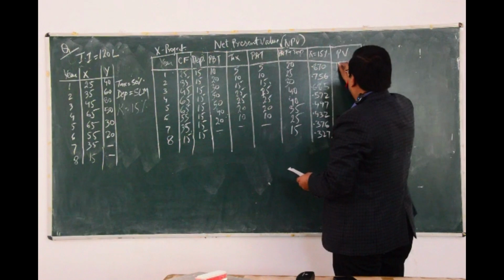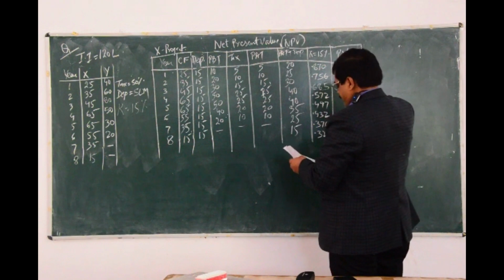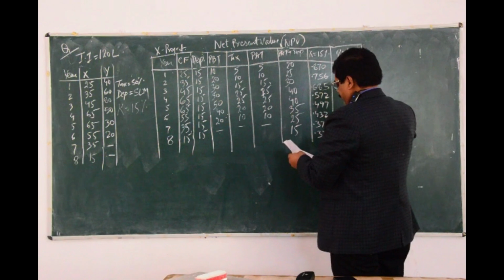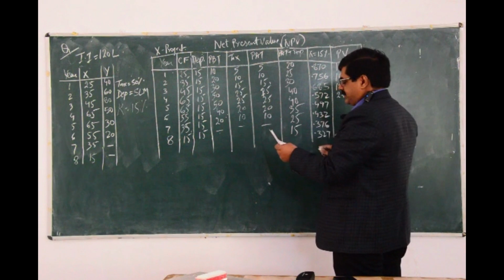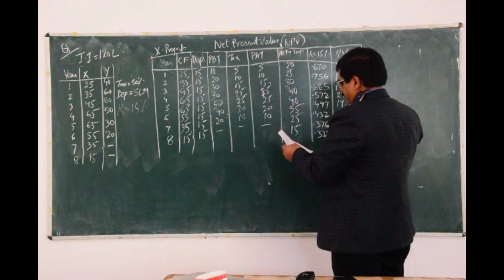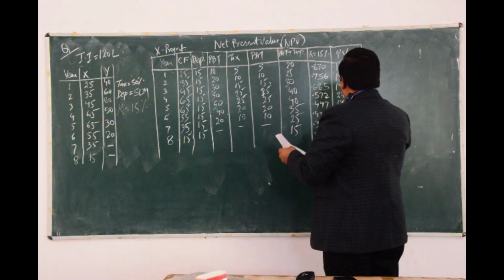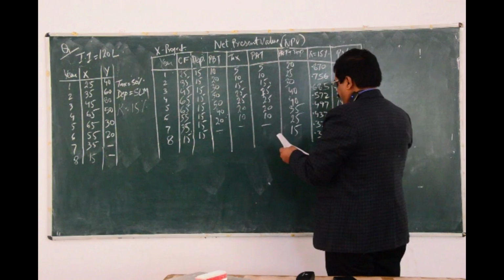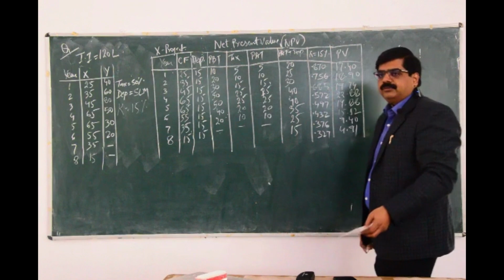It is 17.40, 18.90, 19.74, 22.88, 19.88, then 15.12, 9.40, and lastly 4.91. These are the present values.